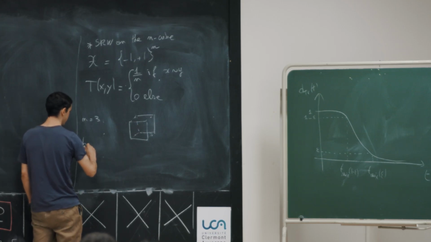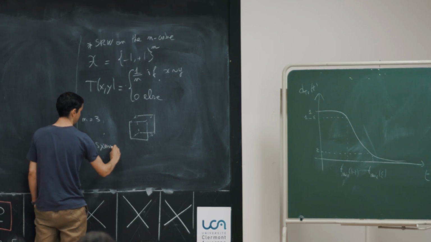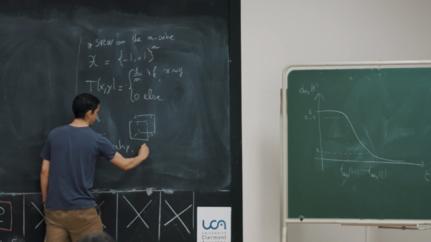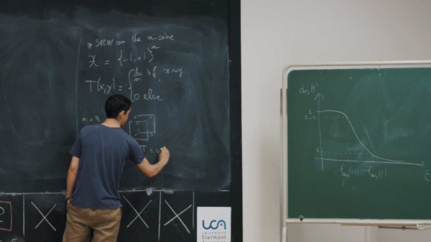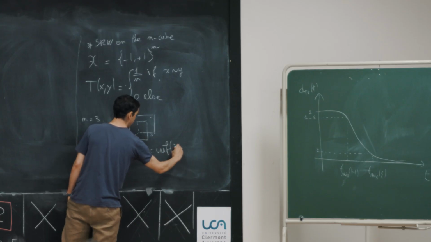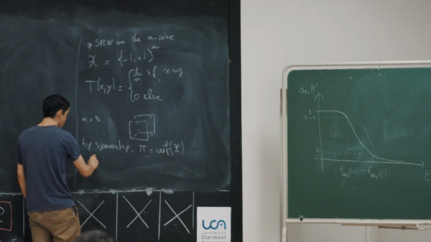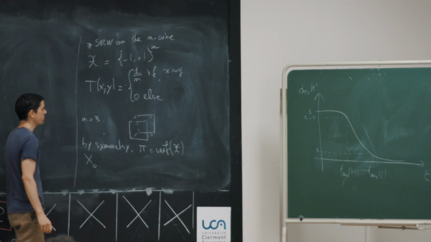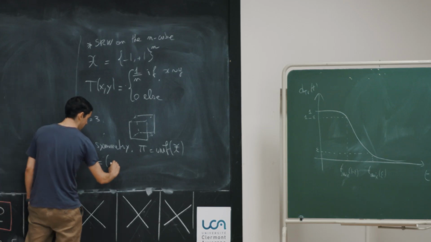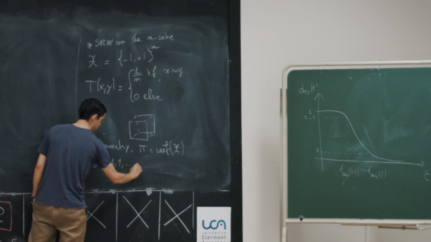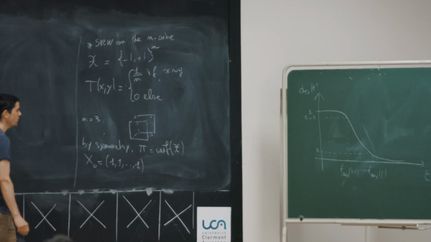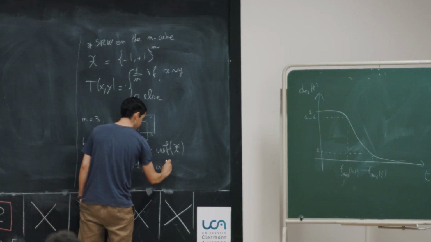So by symmetry, you know that pi is uniform on the state space, and you also don't really need to care about the starting point. So I'm going to start from the identity without loss of generality.